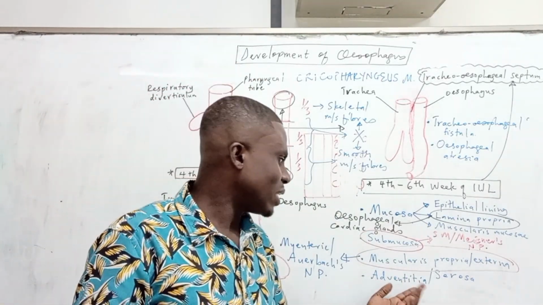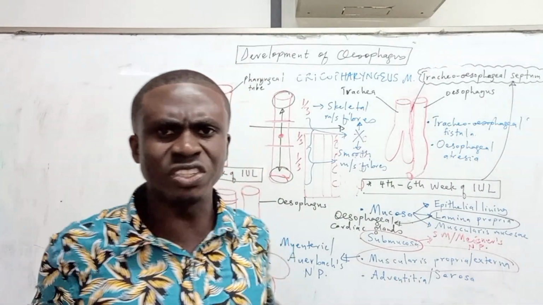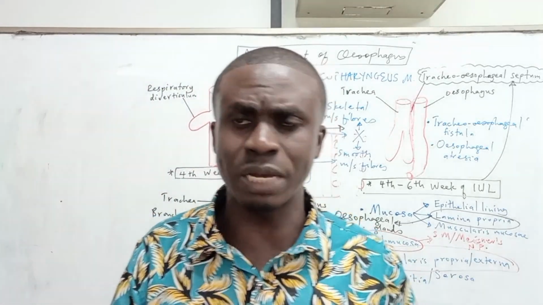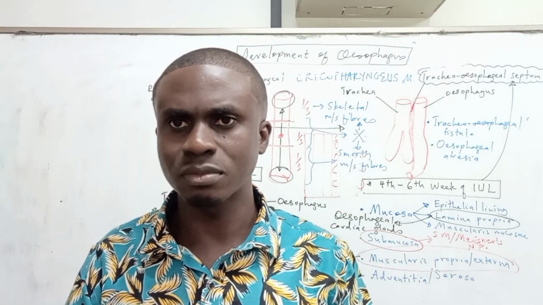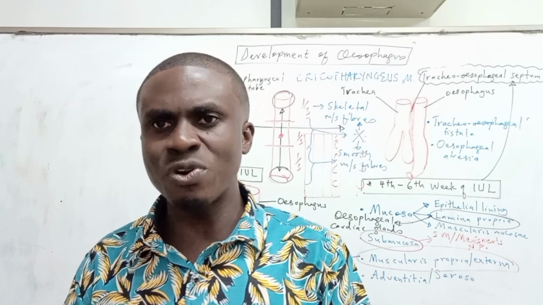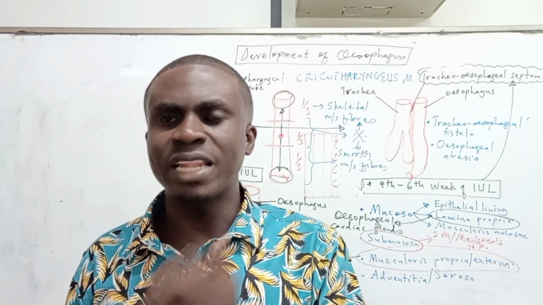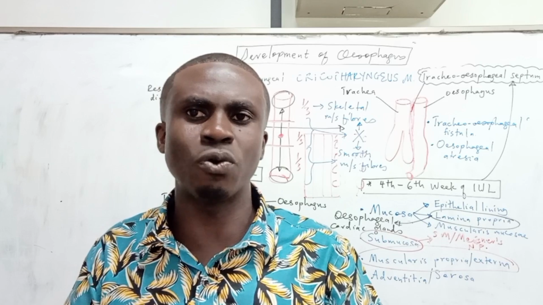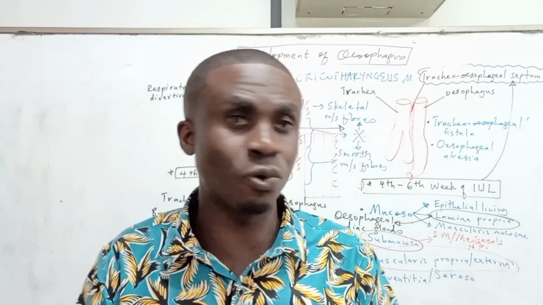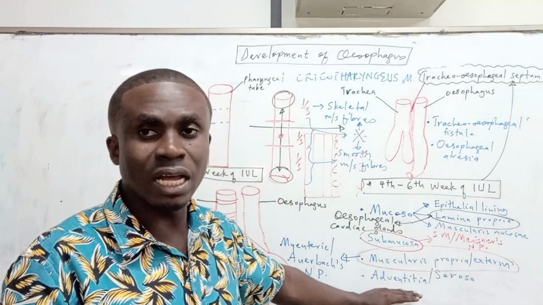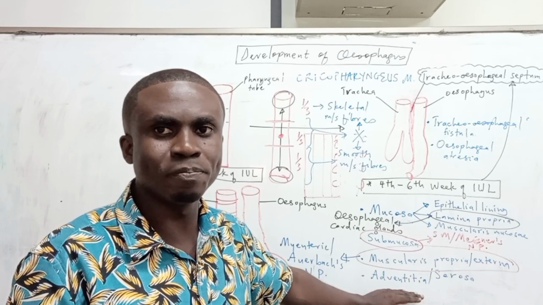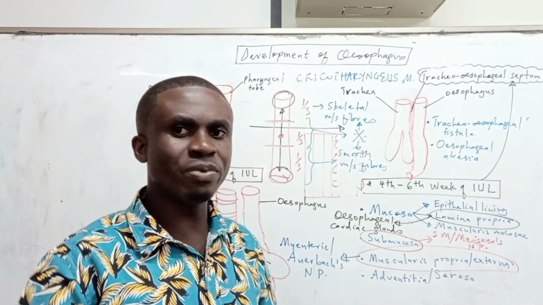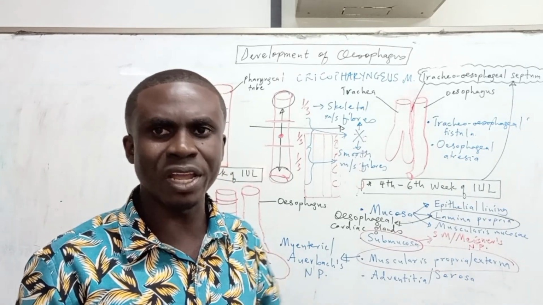Now, finally, the adventitia. Whenever we talk about adventitia, it's loose fibroelastic connective tissue that we are talking about. From the cervical portion and the thoracic portion of the oesophagus, which is the most part of its length, we see that they will have adventitia, so they are glued to neighboring structures by way of the adventitia.